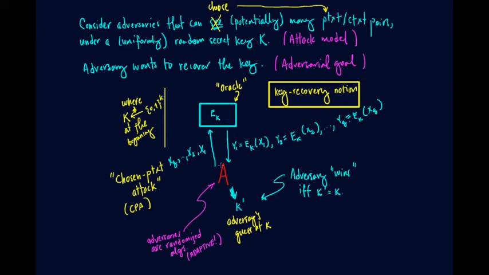We've got an adversary that has access to E sub k under a uniformly random key k. The adversary can in fact choose plaintexts, potentially q of them, and see the resulting ciphertexts that come back under the secret key k. At the end, it outputs its guess k prime, and it wins if k prime equals k, if it recovers the key.